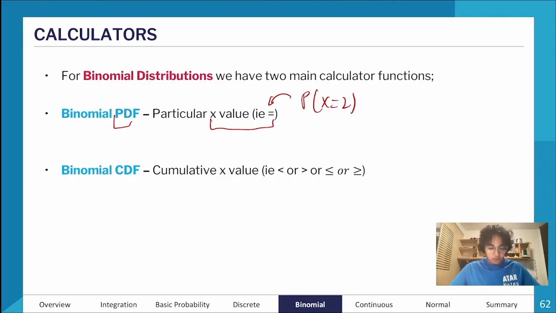Binomial CDF, cumulative density function, as it says, is cumulative. It sums up multiple terms. So it'll generally do things that are like greater than or less than, or greater than or equal to, or less than or equal to. And you don't really have to worry about converting things like x is less than 1 to the probability of x is equal to 0.